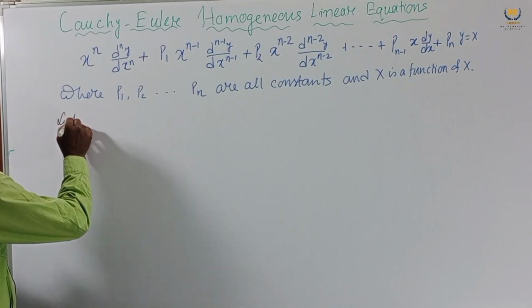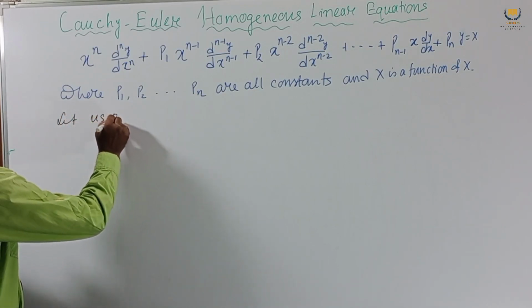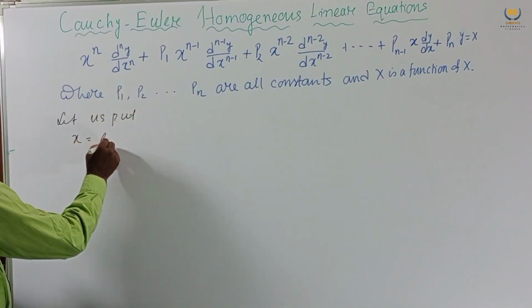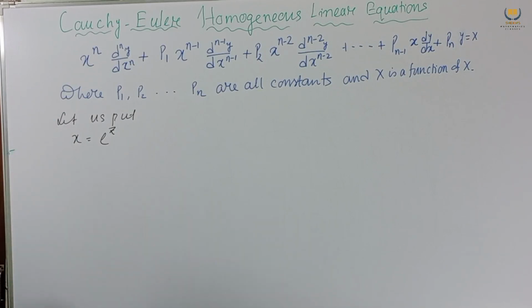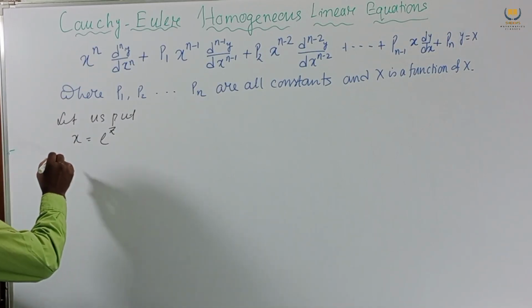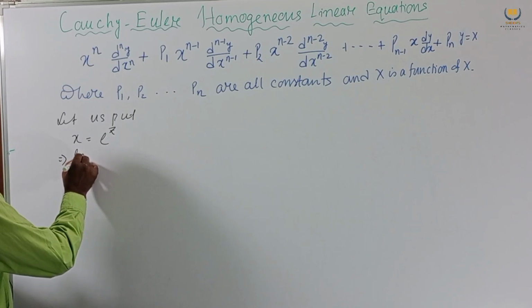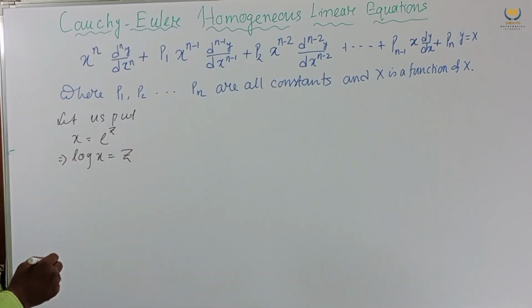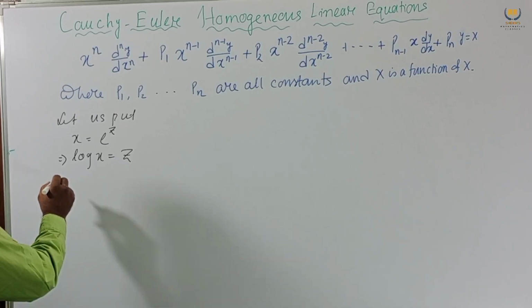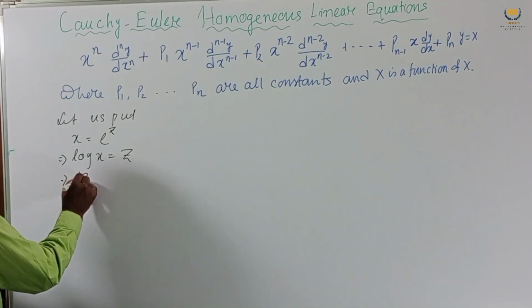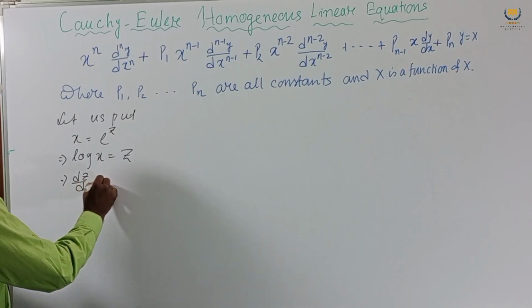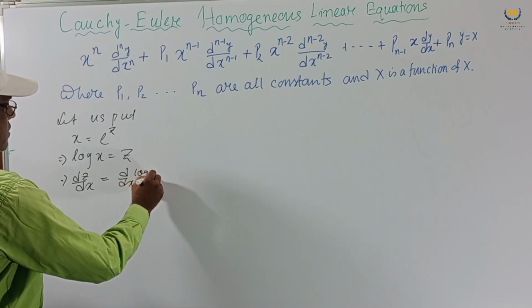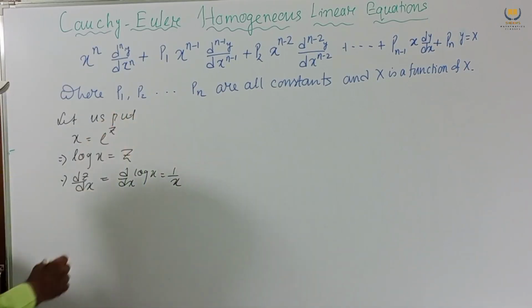Let us put x equal to e to the power z. Taking log, we get log x equal to z, and dz/dx equal to d/dx of log x, which is 1 by x.